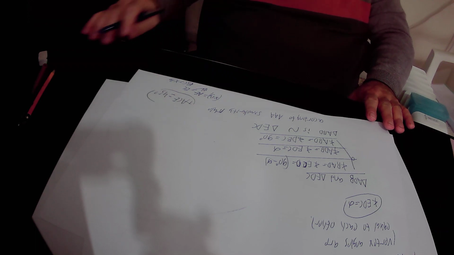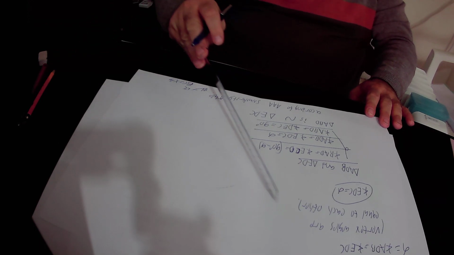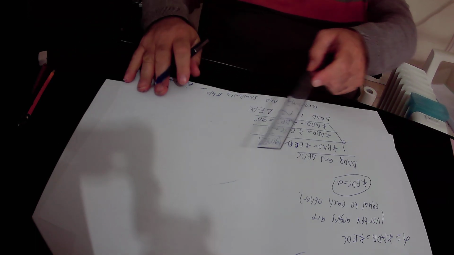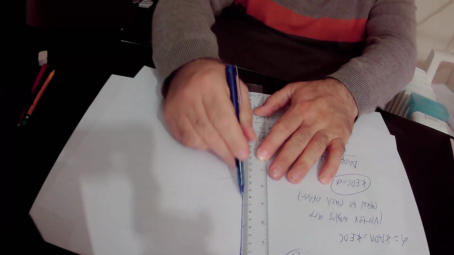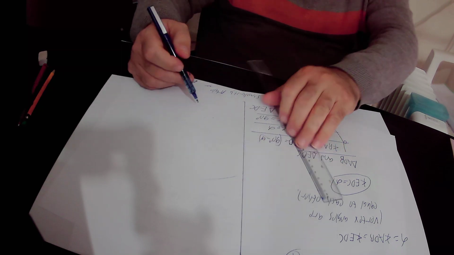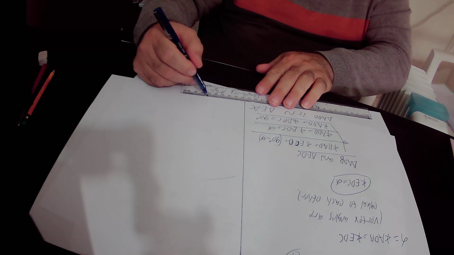And from the fact that the two green triangles are similar to each other, we will conclude that the following relationship exists between their sides.